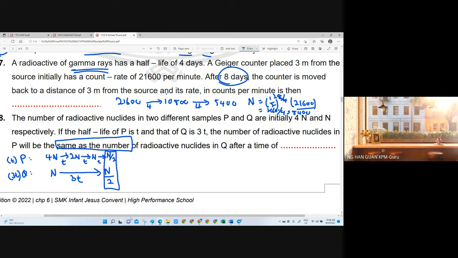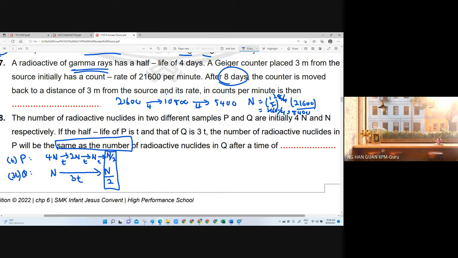P goes through 3 half-lives, Q only goes through 1 half-life, but the time taken is the same, 3T. P after 3T becomes N over 2, Q after 3T becomes N over 2.